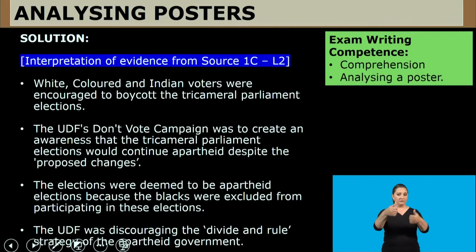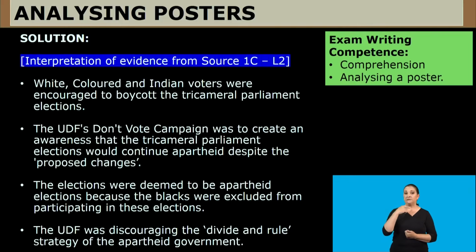Now let's look at the solution there. White, colored, and Indian voters were encouraged to boycott the tricameral parliament. We did see that from the source, or the tricameral parliament elections. The UDF's Don't Vote campaign was to create an awareness, I'm going to underline awareness, that the tricameral parliament elections would continue apartheid despite the proposed changes.